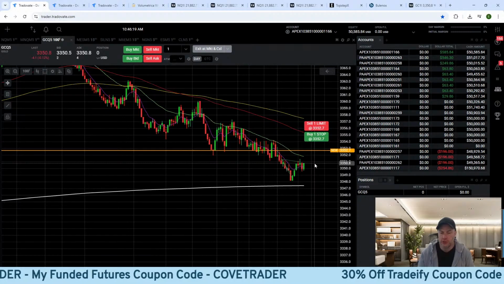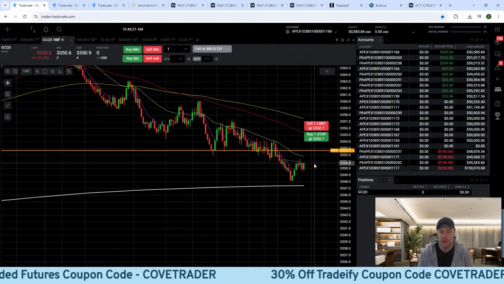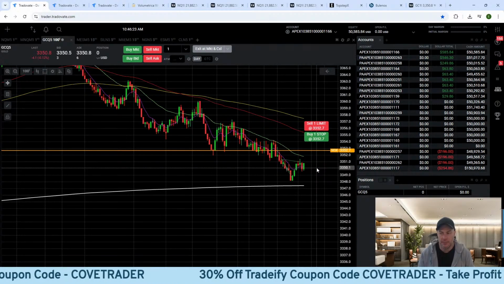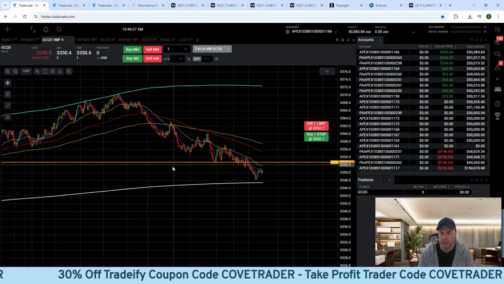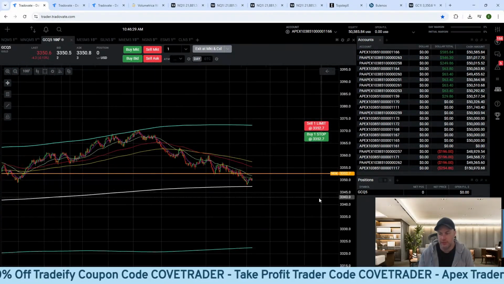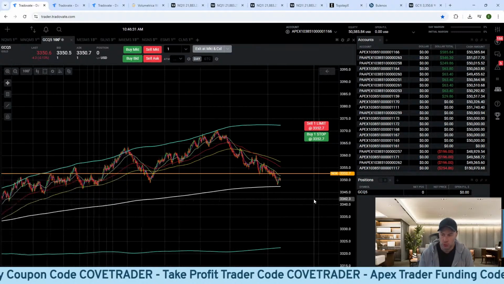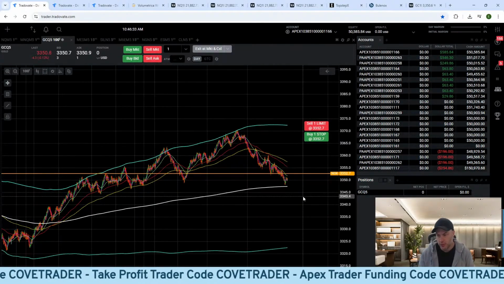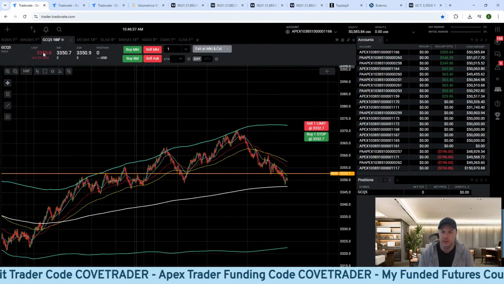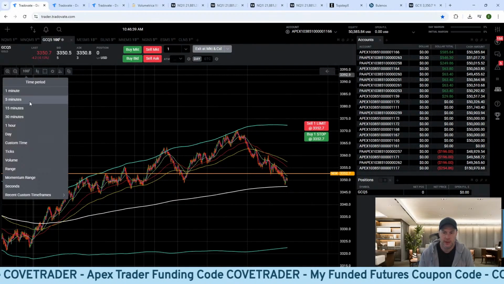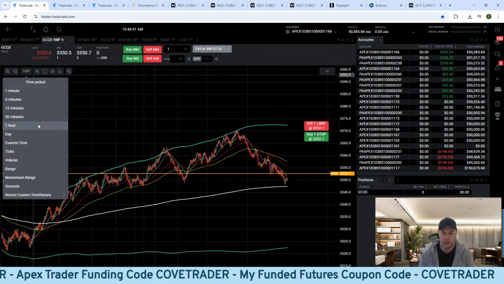I think gold is dropping in anticipation of a low CPI print. So the sell-off on gold does not shock me, because if the CPI print is cool, I think gold sells off. I think you're going to see a big sell-off in gold. I have no idea why I'm on the 1 tick chart, by the way.